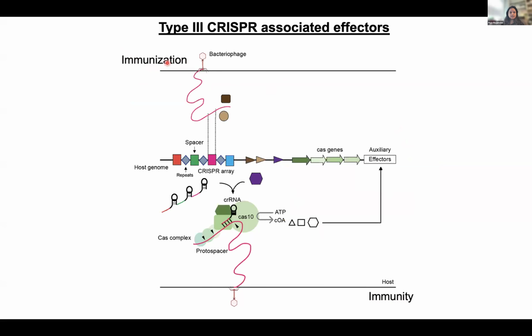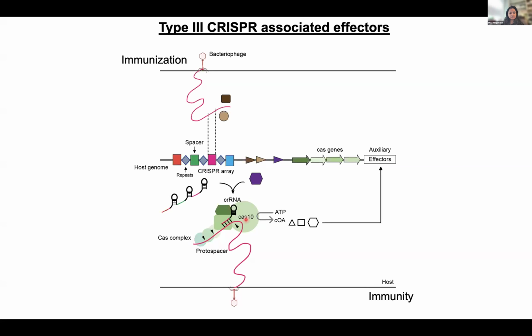At the immunization step, small fragments of the viral DNA get incorporated into the host genome, forming the CRISPR array. When the next virus infection happens, the spacer sequences from this CRISPR array get matured to CRISPR RNA or guide RNA and guide the Cas nuclease complexes to recognize the viral nucleic acid.